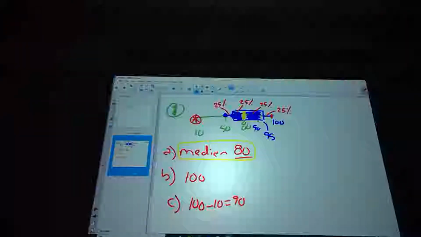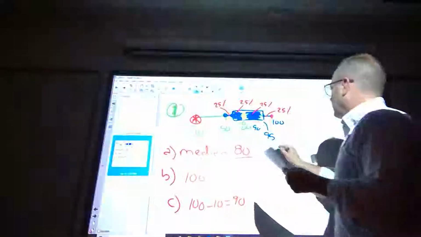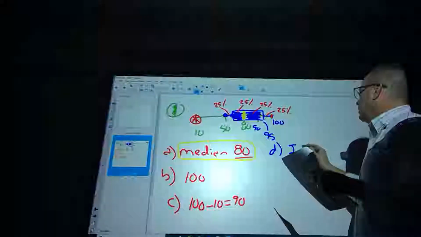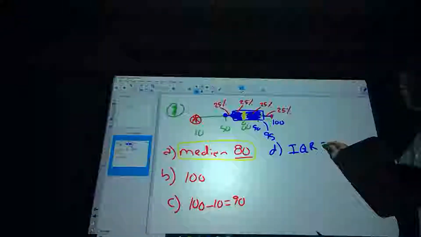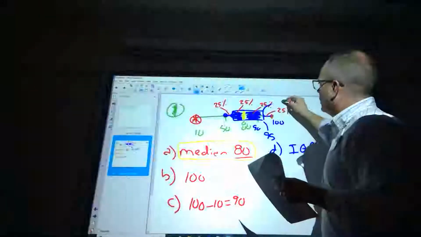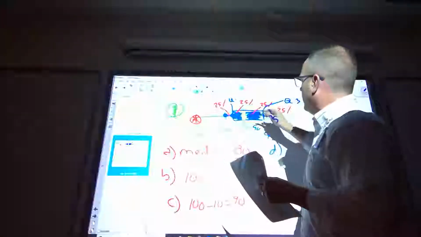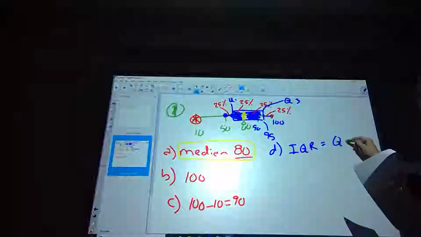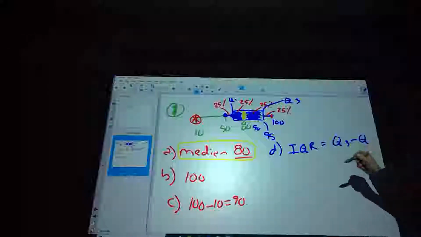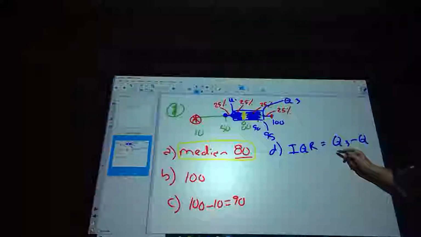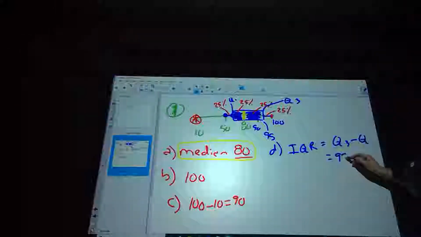Okay. And then it says, what is the IQR? So letter D, IQR. That's the interquartile range. This edge right here is called Q3. This edge right here is called Q1. So the IQR is Q3 minus Q1. Q3 on our data looks like it's 95.